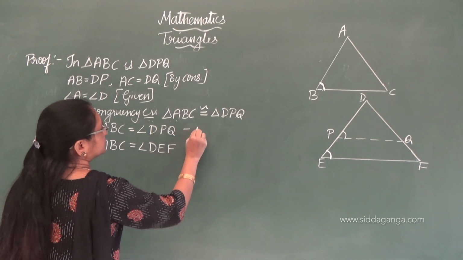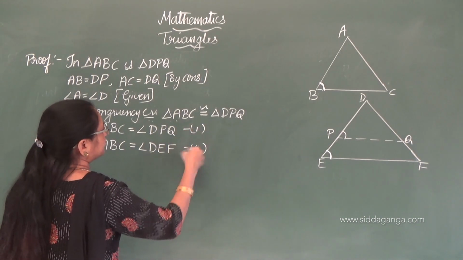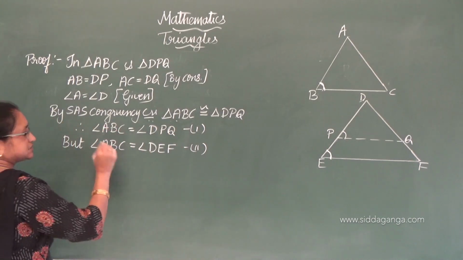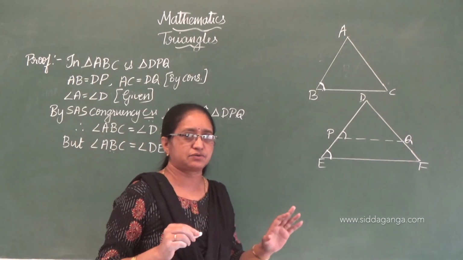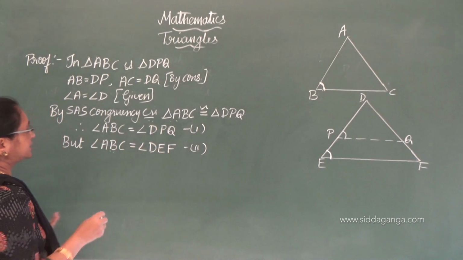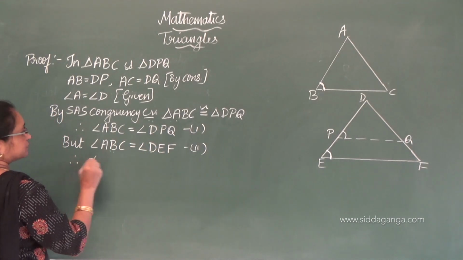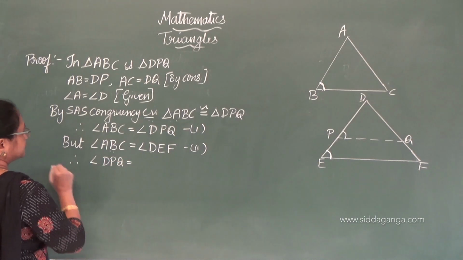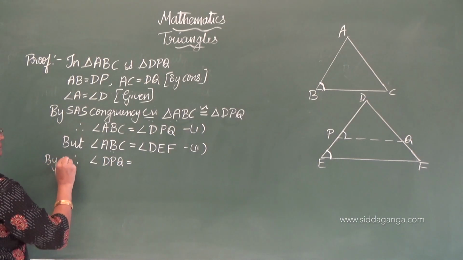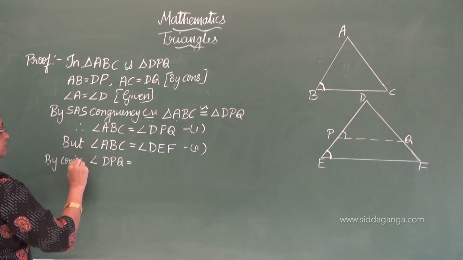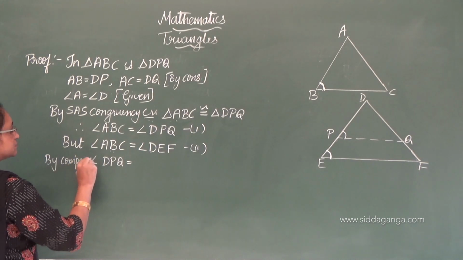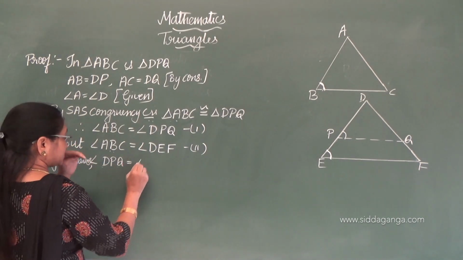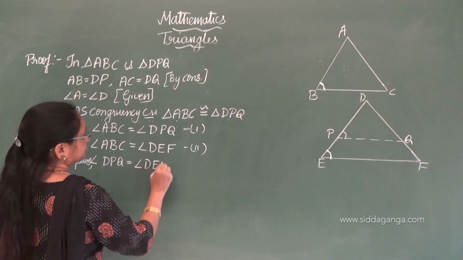Now, what I am trying to tell: compare the first one and the second one. ABC, left hand side LHS is equal, therefore RHS should be equal, therefore angle DPQ, by comparing, angle DPQ is equal to angle DEF.